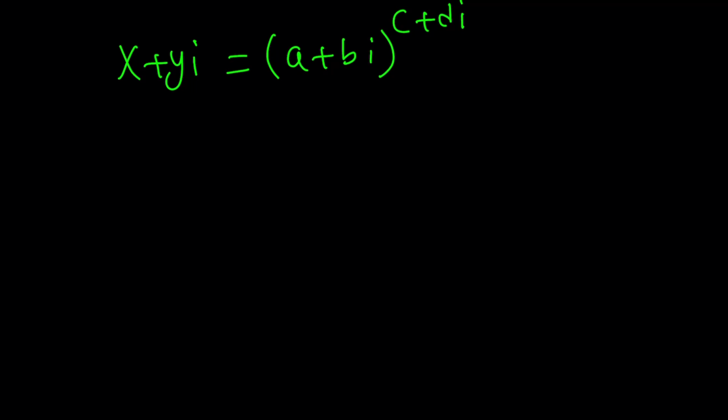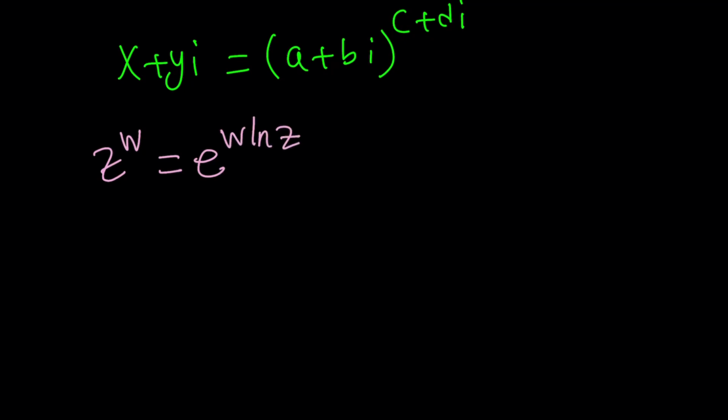One of the things that we definitely need for this problem is using the natural log, right? So the rule says if you have something like z to the w, and z and w are complex numbers, obviously, which includes real numbers, then you can write it as e to the power w ln z.